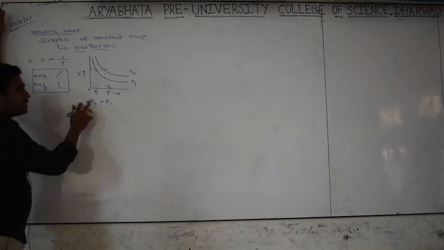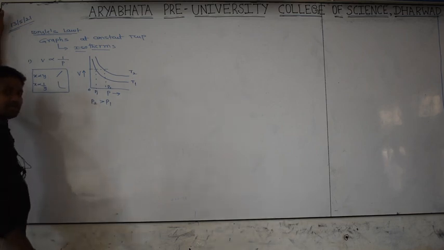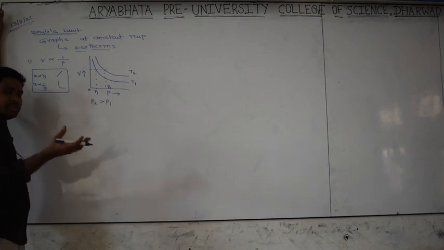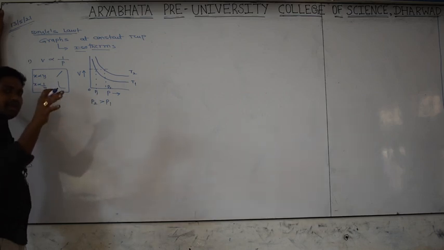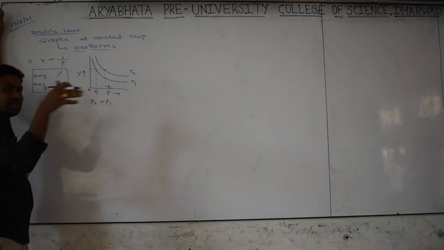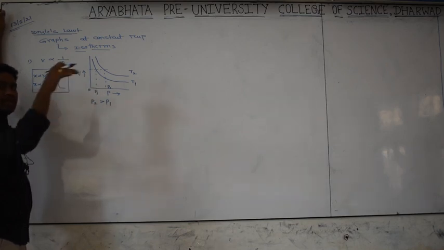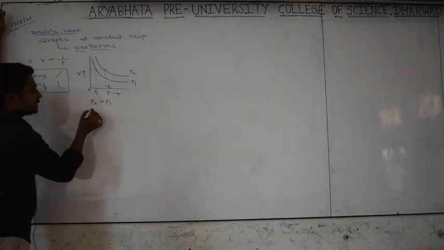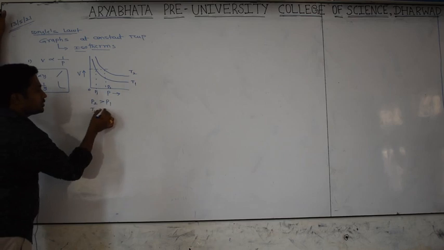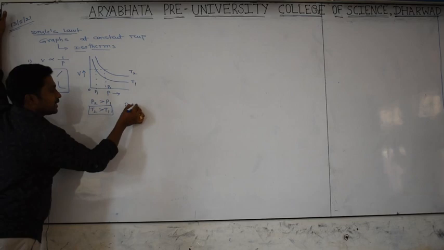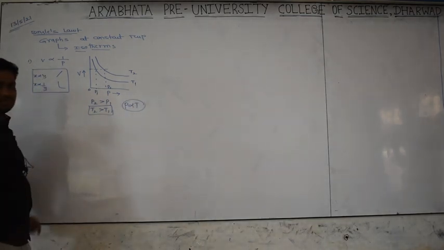Temperature. Pressure is more when temperature is more. When temperature is rising, the kinetic energy of gas particles increases, so collisions with the walls increase, and automatically pressure increases. That's why we can write T2 is greater than T1, because pressure is directly proportional to temperature.